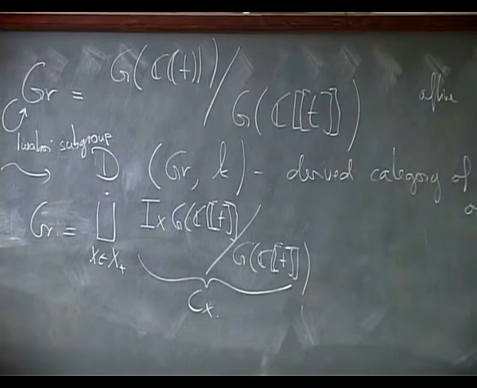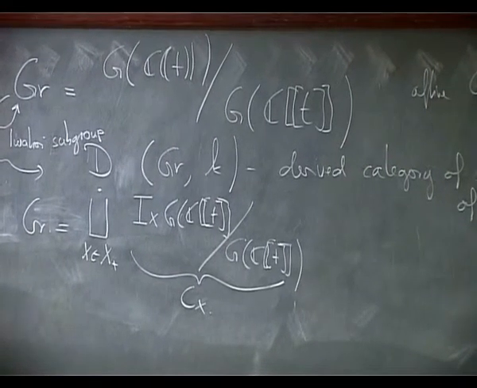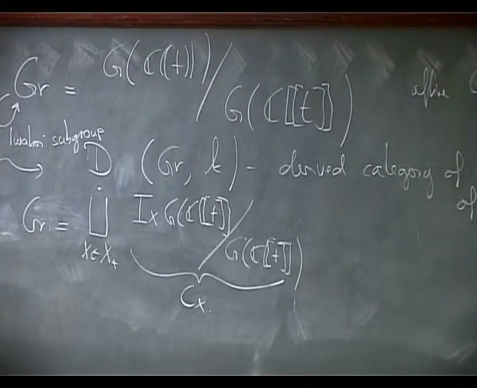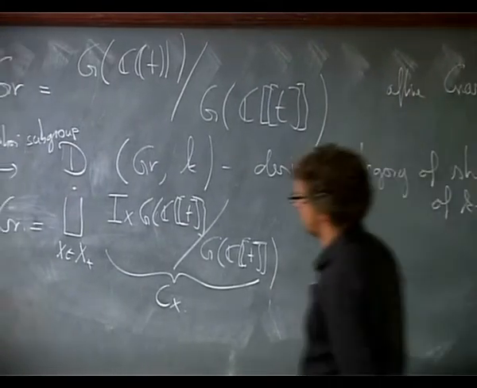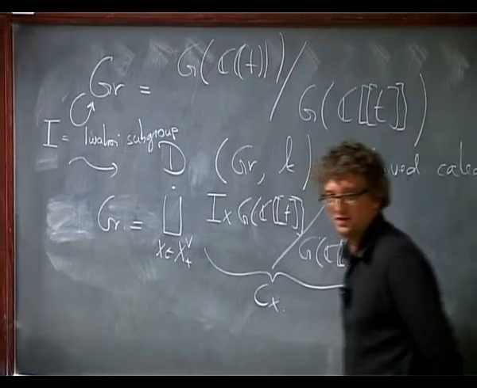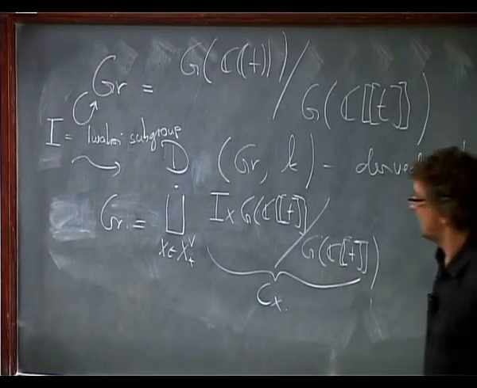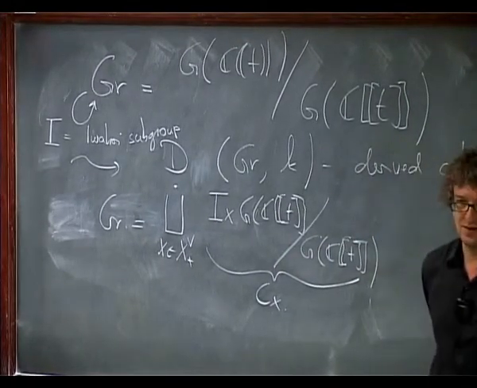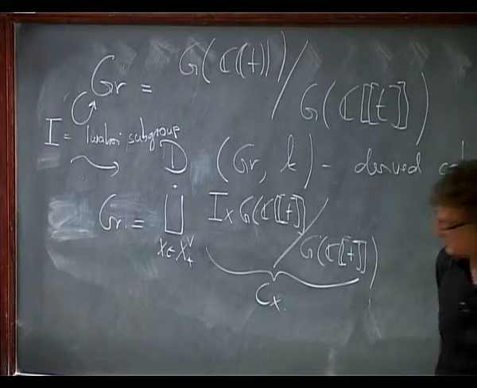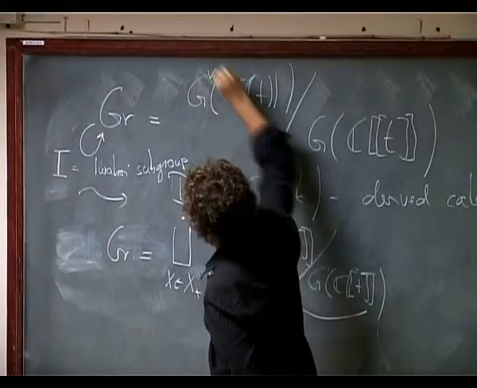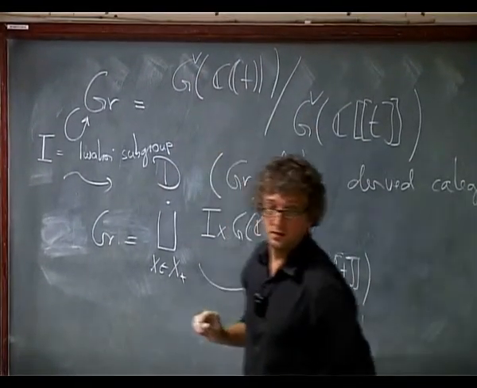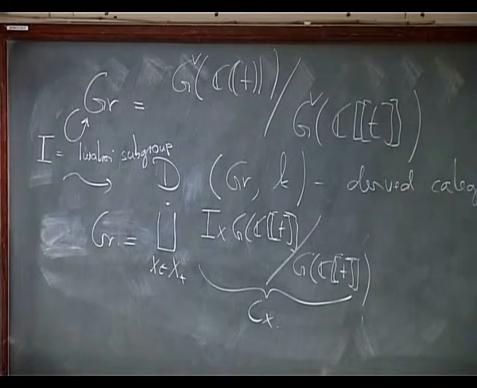The index runs over dominant characters of the dual group. Right. If I should be very honest, I should put the check actually here, so there's some kind of duality between roots and co-roots going on here, but okay.